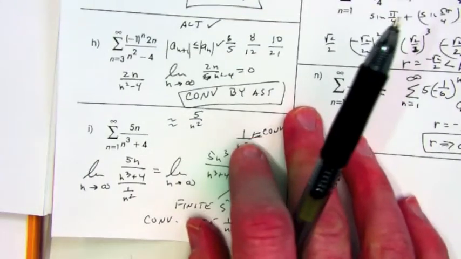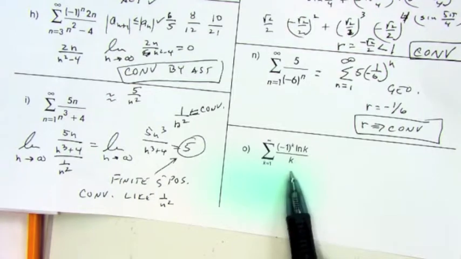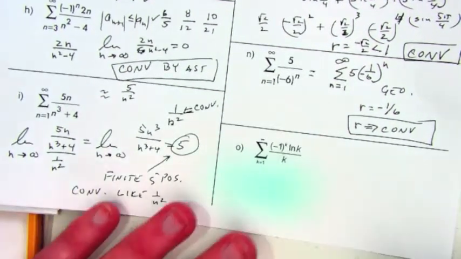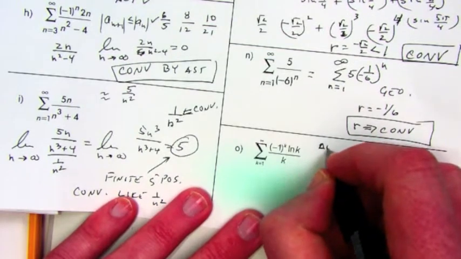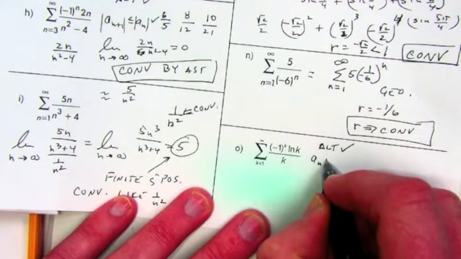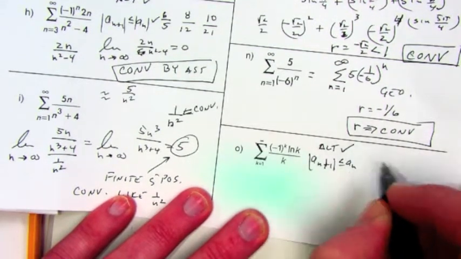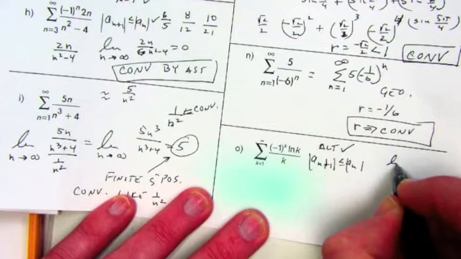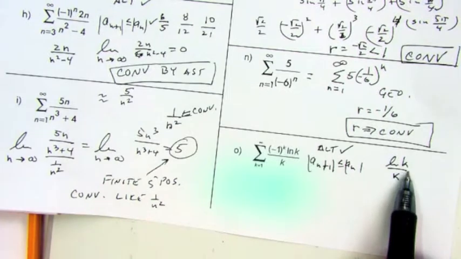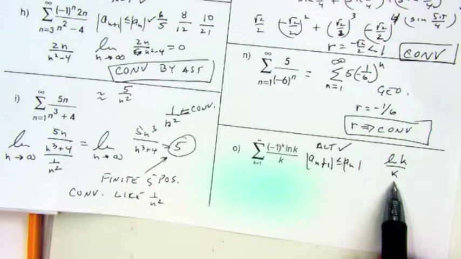Okay, our last one on the page is the natural log of k over k. The key here is it's alternating, so we're going to use AST. The first thing is a sub n plus 1 less than or equal to a sub n for the natural log of k divided by k. Well, as k increases, the natural log of k is always smaller than k.